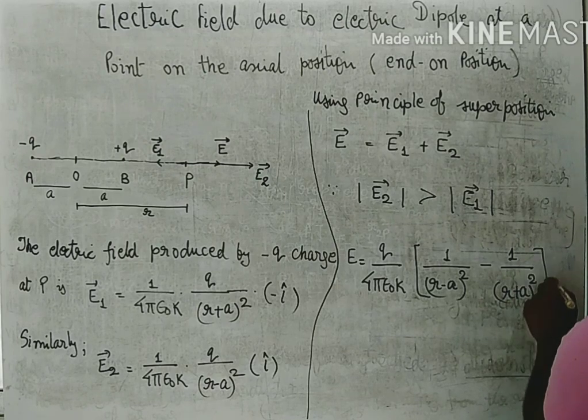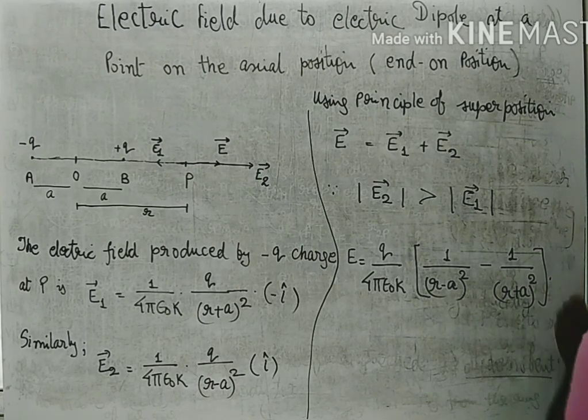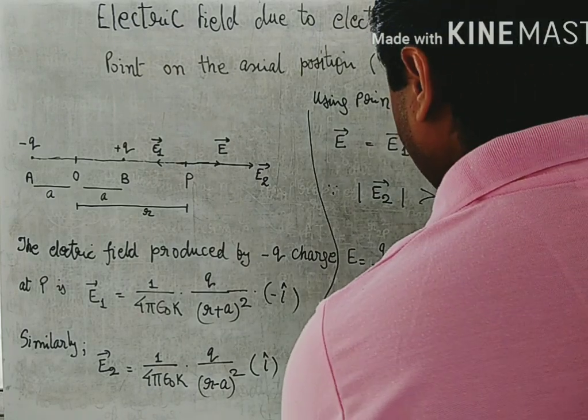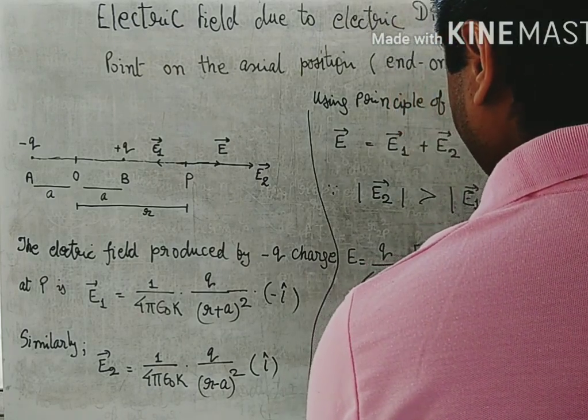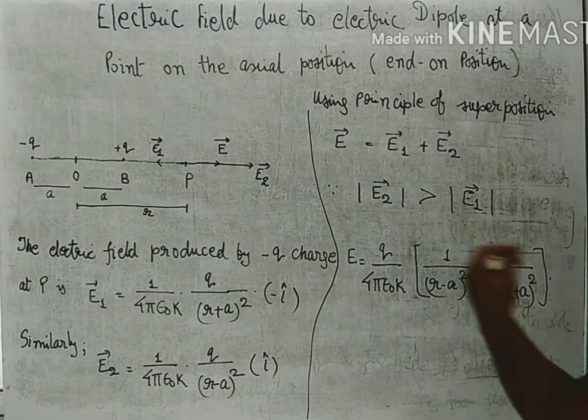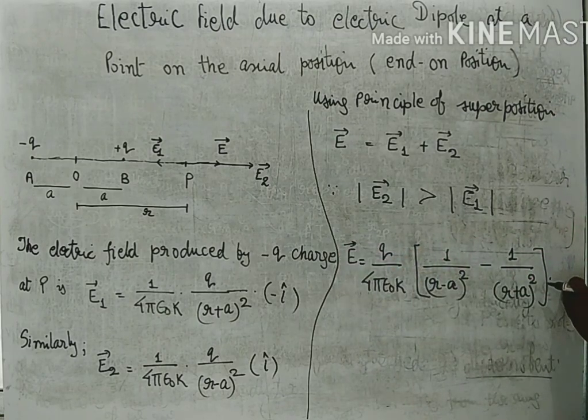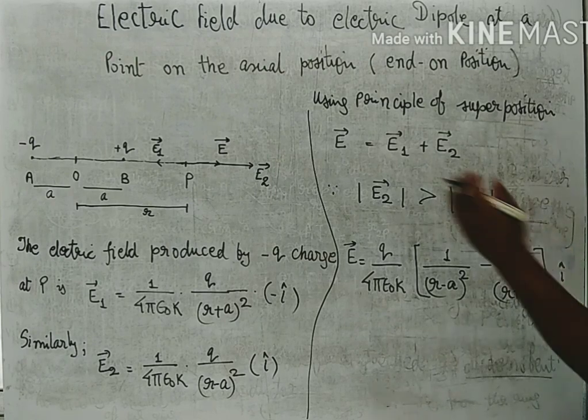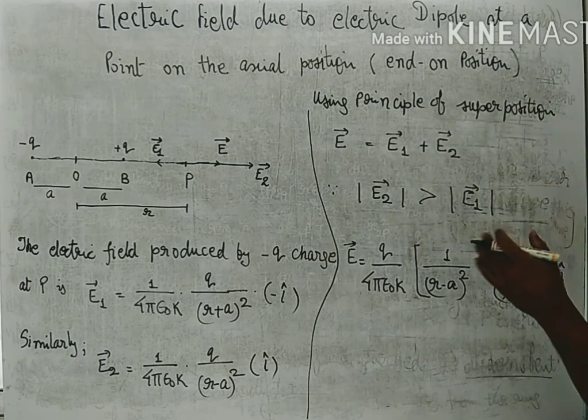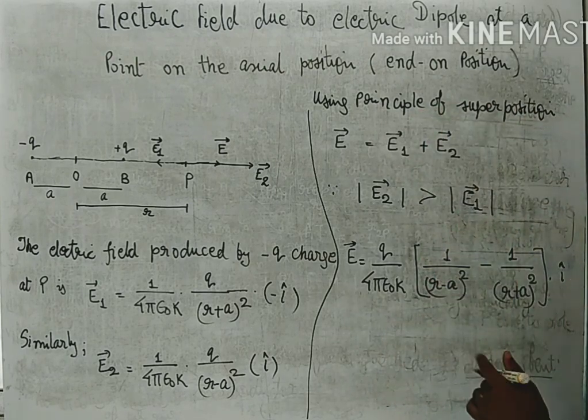To make it a vector, if we just take magnitude it will be quite okay, but if you want to make it a vector, you should multiply it by i cap. That means this resultant field is being taken along the positive x-axis.